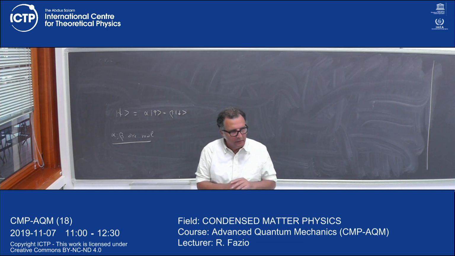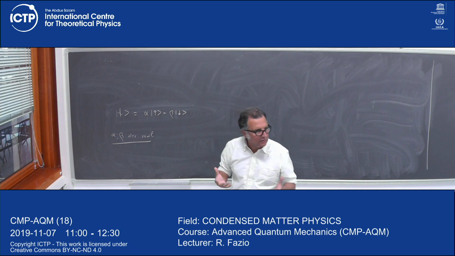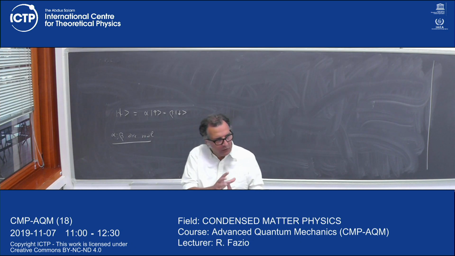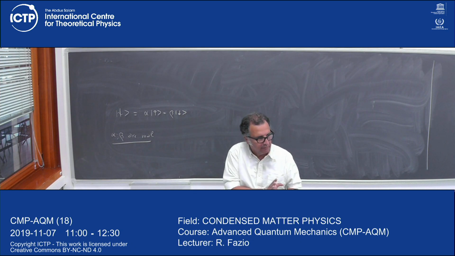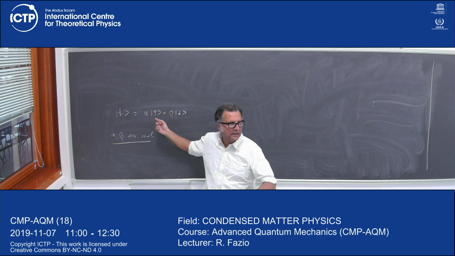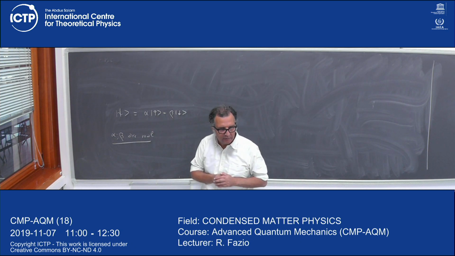Is it clear? Now, if beta is complex, then the situation is more complicated, because you really need to get information about the phase. But if alpha and beta are real, you just take some direction.